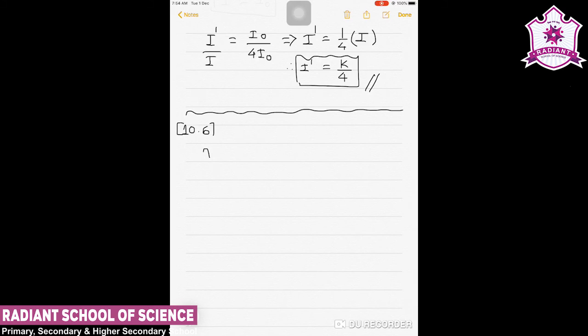So we are given lambda 1 as 650 nanometer, that is 650 into 10 raised to minus 9 meter, and another wavelength, lambda 2, that is 520 nanometer, that is 520 into 10 raised to minus 9 meter.